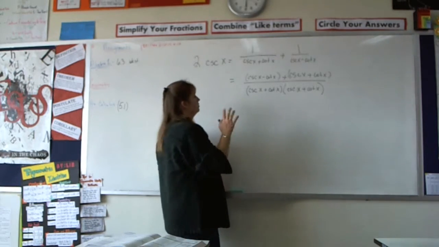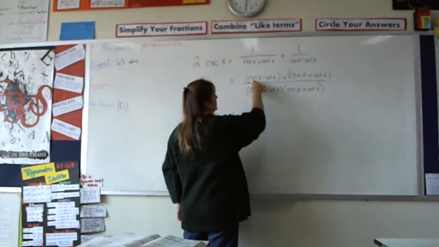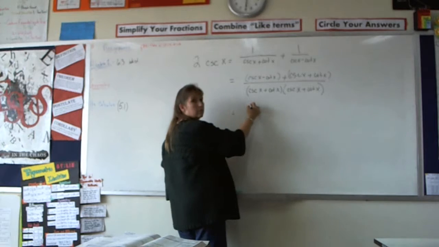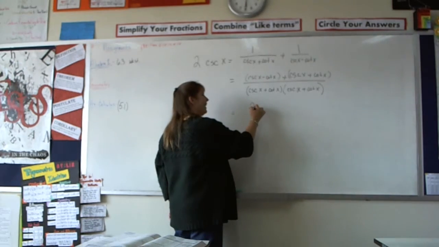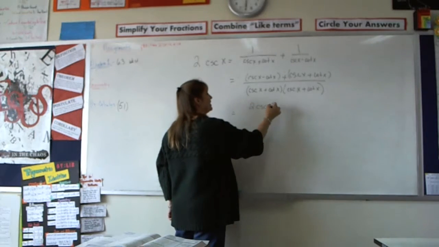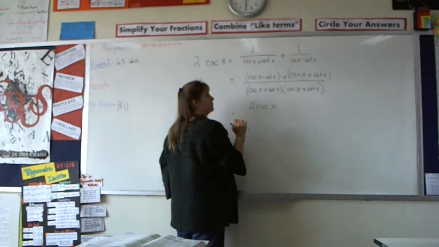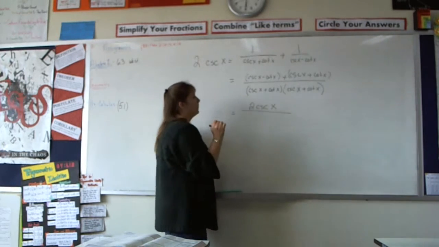Let's see what we can do to simplify it. At the top, we got cosecant plus cosecant gives me what? 2. There, good, you're paying attention. Minus cotangent x plus cotangent x gives me 0, so I've gotten rid of that. What happens on the bottom?